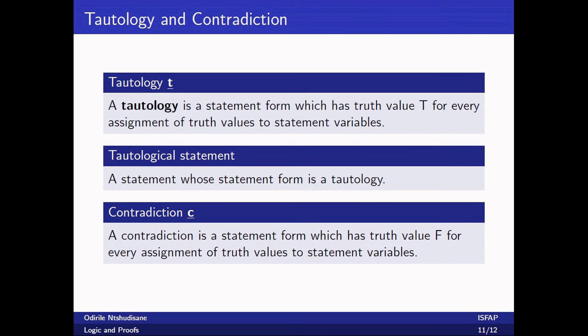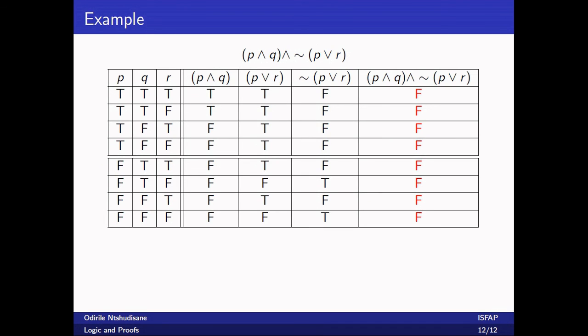Tautologies and contradictions. A tautology is a statement form which has truth value true for every assignment of truth values to the involved statement variables. A tautological statement is a statement whose statement form is a tautology. A contradiction is a statement form which has truth value false for every assignment of truth values to the involved statement variables.